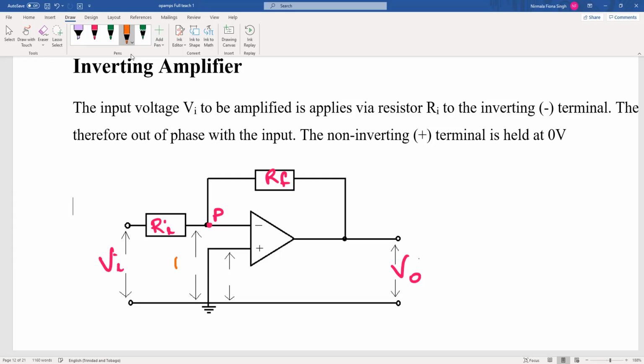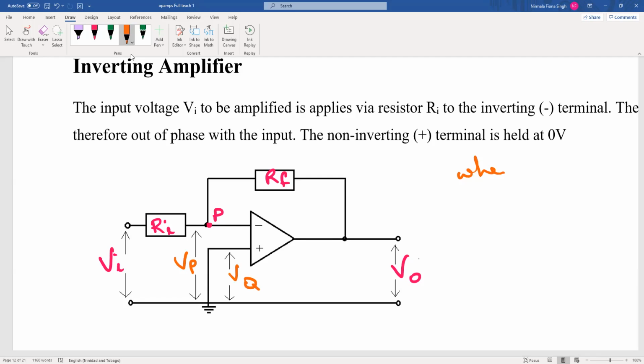Now the voltages we have here, this is Vi, which is your input. Here we're going to have VP, which is the voltage right at P, and we have VQ, which is our positive input, or non-inverting input, and it has been grounded.